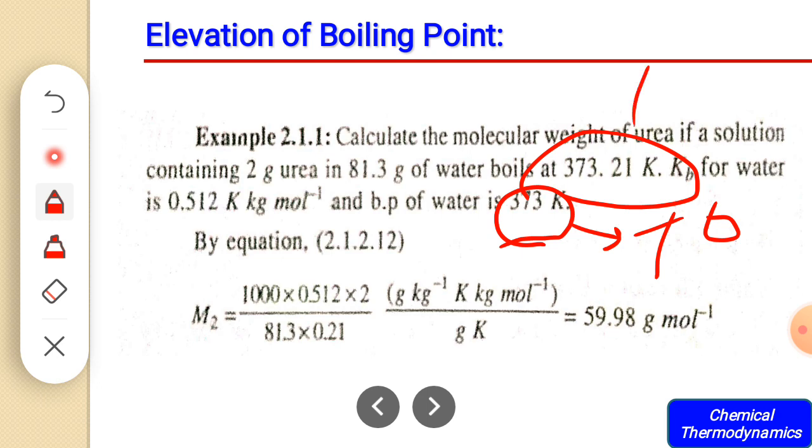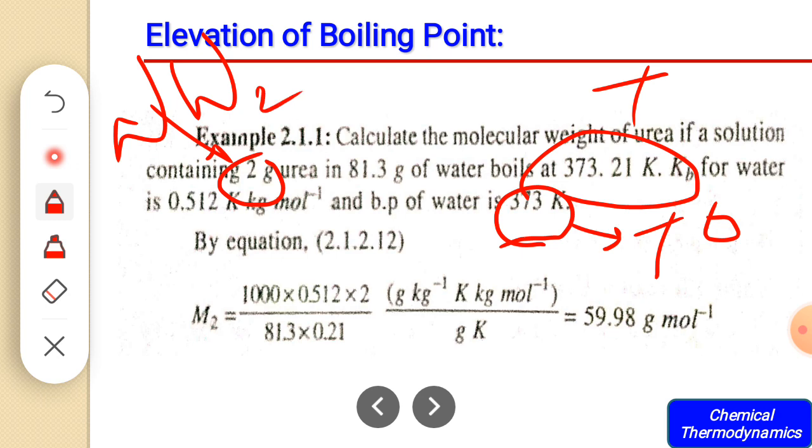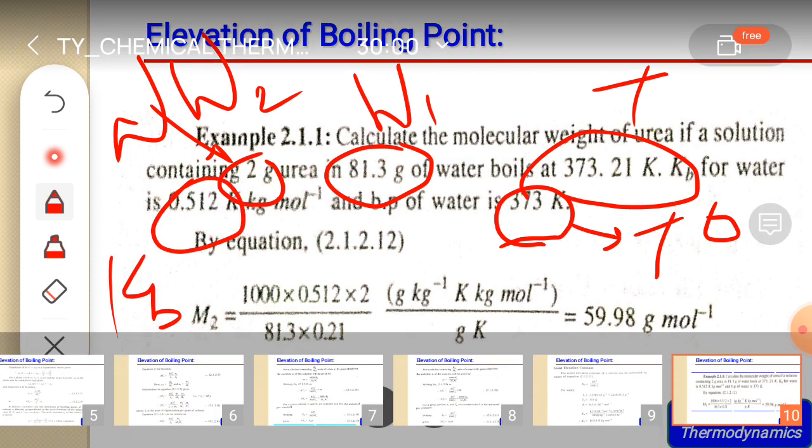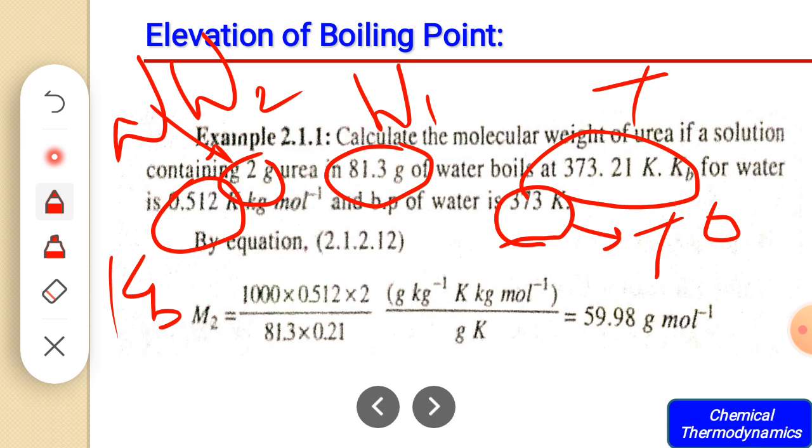373.21 is the boiling point of the solution, indicated by T. The 2 gram of urea is the weight of solute, W2, and 81.3 is the weight of solvent, W1. All these are provided, and this is Kb, 0.512 Kelvin kg per mole.